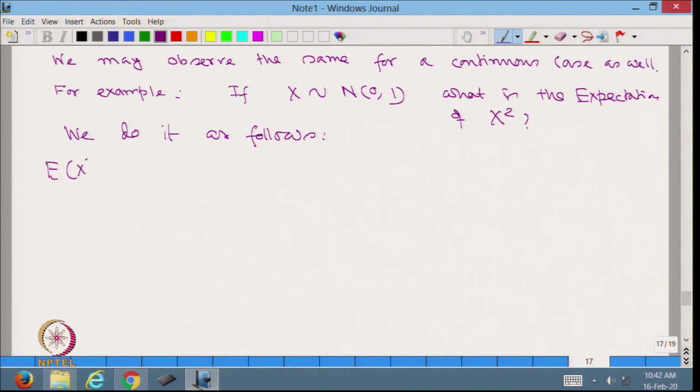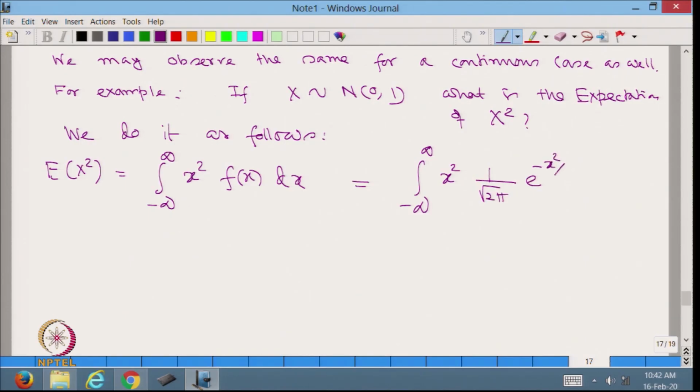Expectation of x square is equal to integral from minus infinity to infinity x square into f x dx, which is equal to integral from minus infinity to infinity x square 1 over root over 2 pi e to the power minus x square by 2 dx. Now, note that this is an even function.